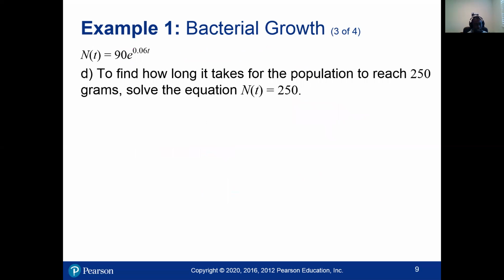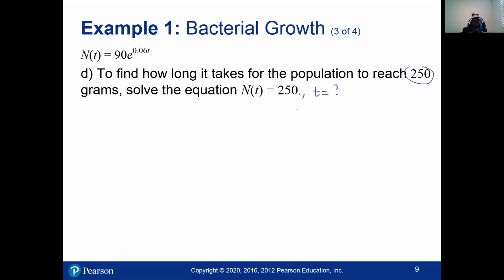Now let's go to part D. We want to find how long it takes for the population to reach 250. We want to find t when the population reaches 250, because the number of bacteria is increasing. It's an increasing function, that's why the k is positive.